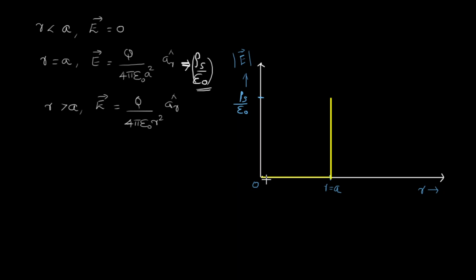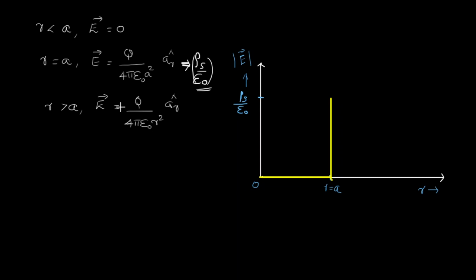Initially, when my radius is less than A, electric field remains 0, and at R equal to A, it achieves its maximum magnitude, that is rho S by epsilon. Then after that, what happens?